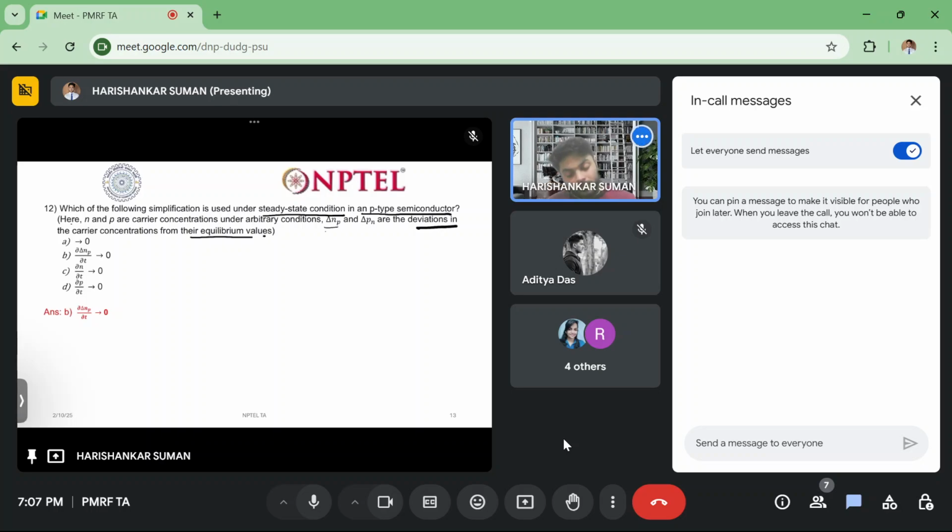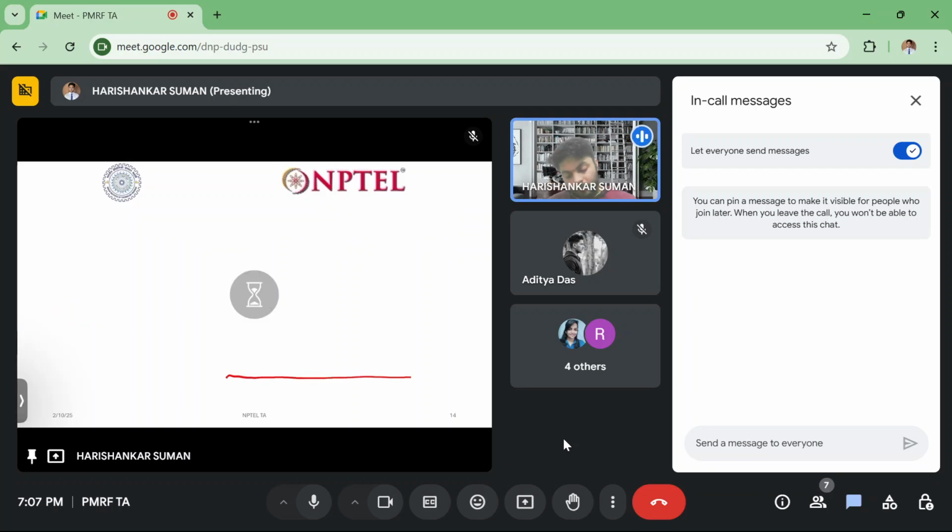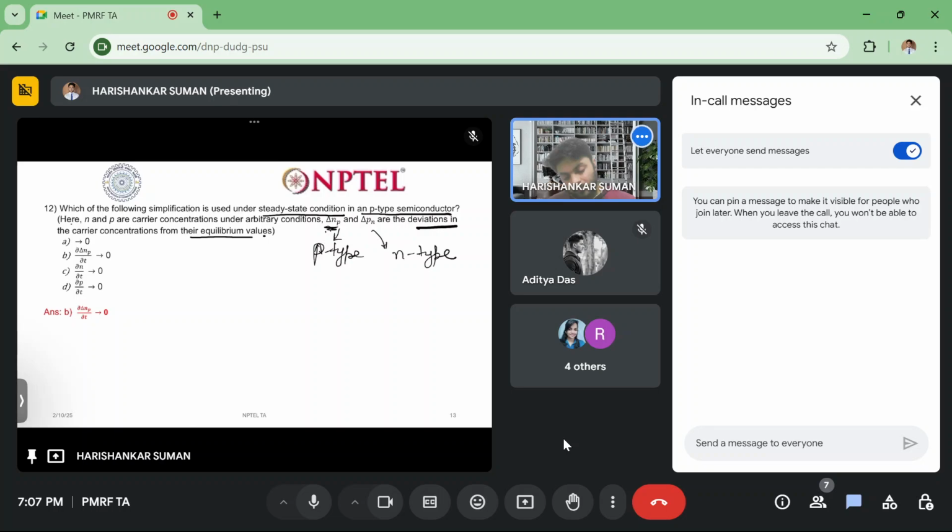This is the change in electron concentration in p-type semiconductor, that's why the subscript P is used here. This is in n-type. So the answer is B.